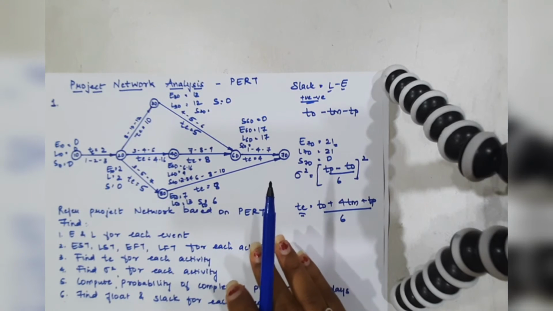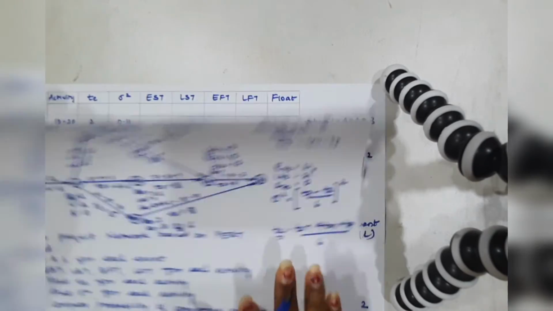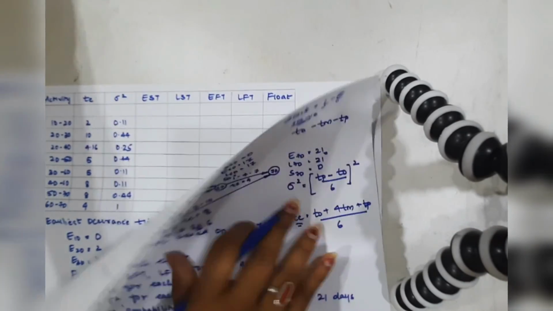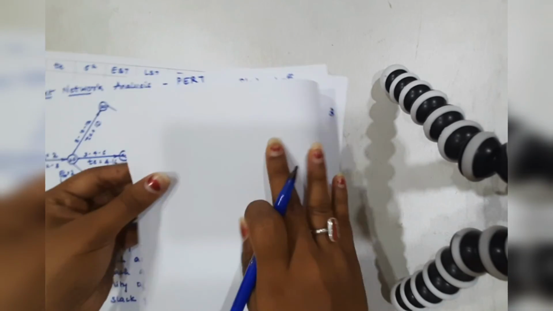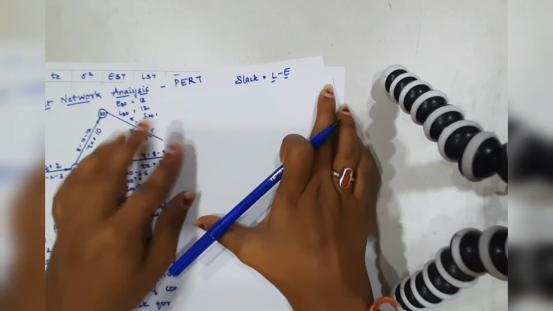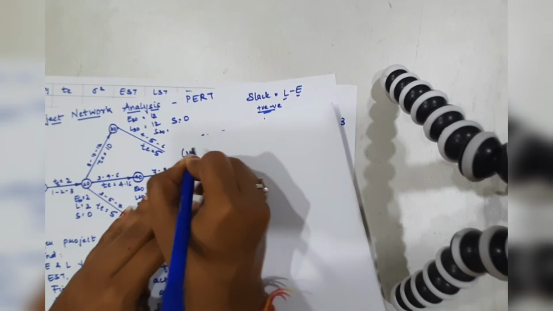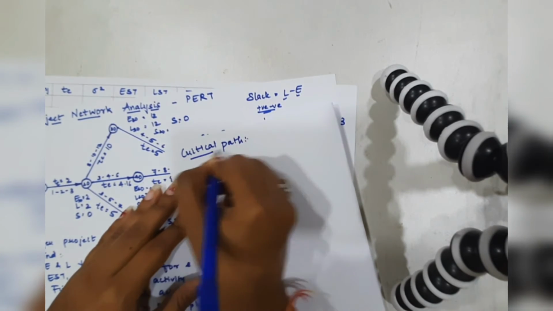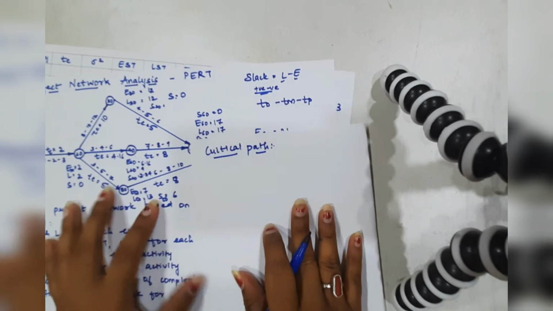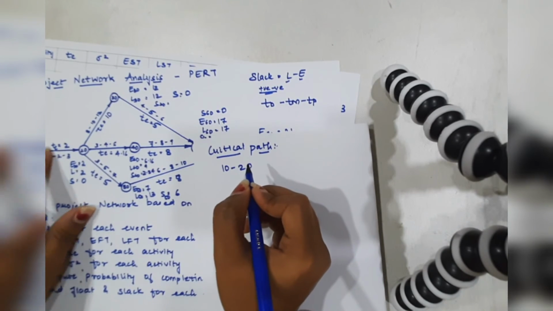So in our case the critical path would be 10 to 20, having the similar E values.